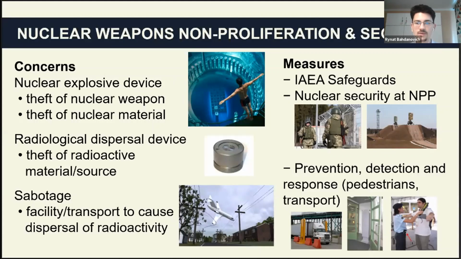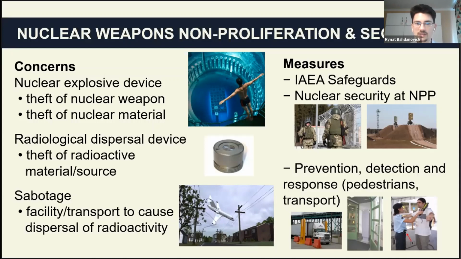In order to prevent the emergence of new nuclear weapon states, countries which possess nuclear weapons, there is the International Atomic Energy Agency. The agency is an international organization which promotes the peaceful use of nuclear energy and prohibits its use for military purposes.